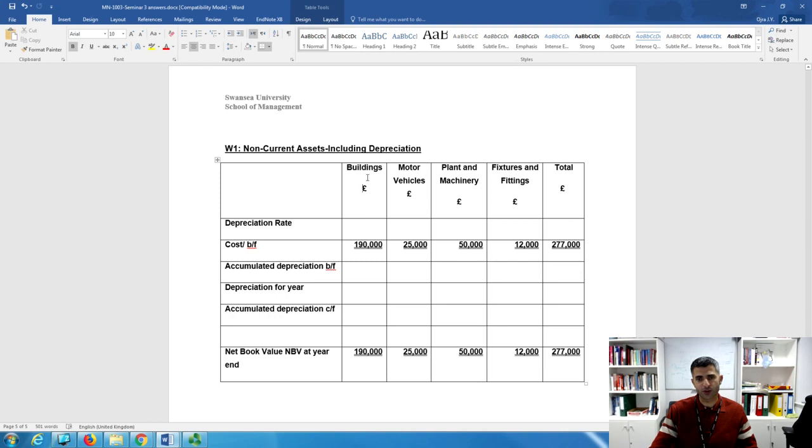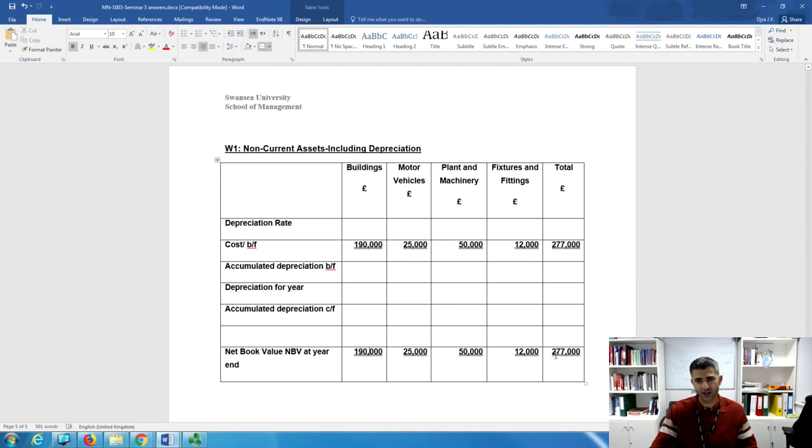So when we start with the buildings, we need to type the cost for each. And again, all of these are from the question, from the trial balance straight away. You just copy paste all these costs, and the net book value is the same, because here we have nothing, so don't worry about it, but you need to practice on this.